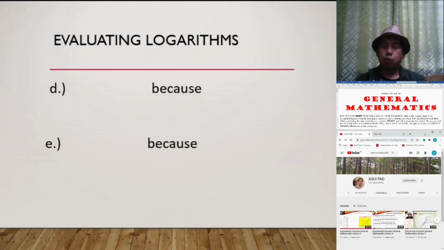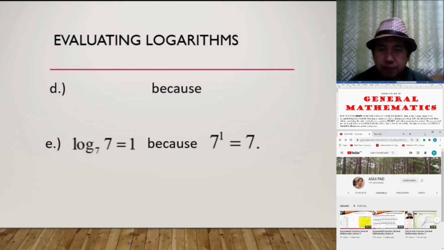Next, what about this one? Log of 7 with a base of 7 is equal to 1. Now, we have in here its exponential form. 7 raised to 1 is equal to 7.